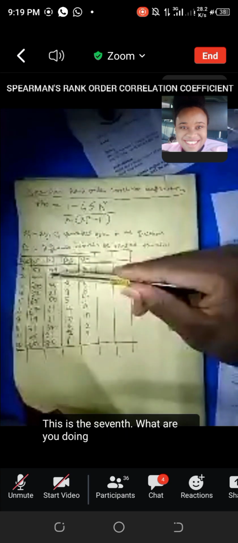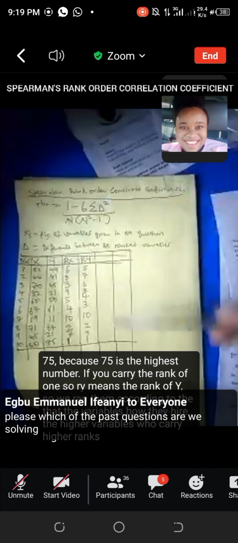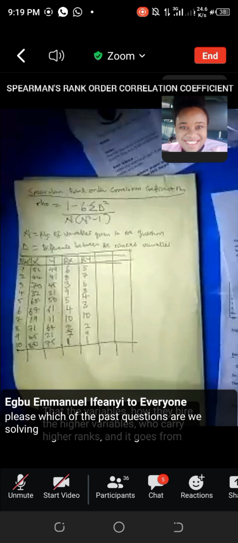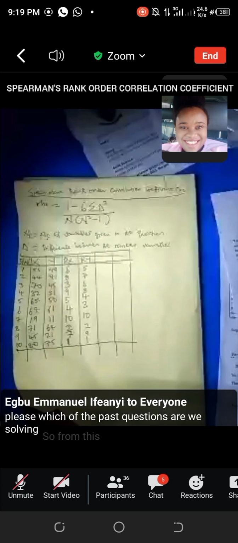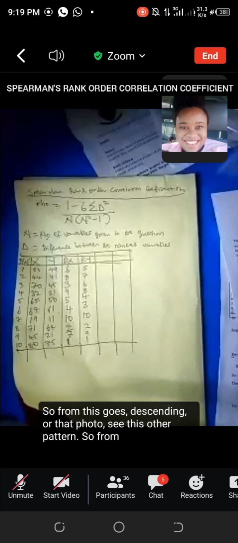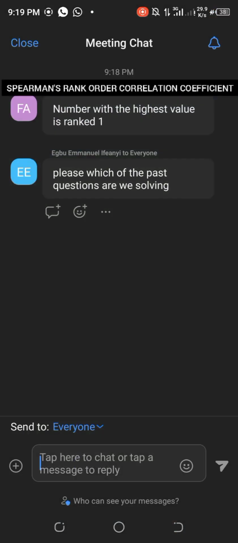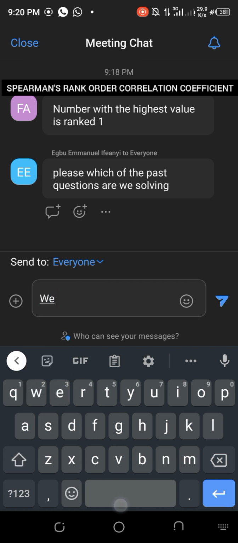The higher variables will carry higher ranks, and it goes from the highest to lowest. So it goes in descending order. It follows a descending order pattern, from highest to lowest. So the highest value will carry the first rank, and it keeps going down till you get to the last rank. Is it clear?